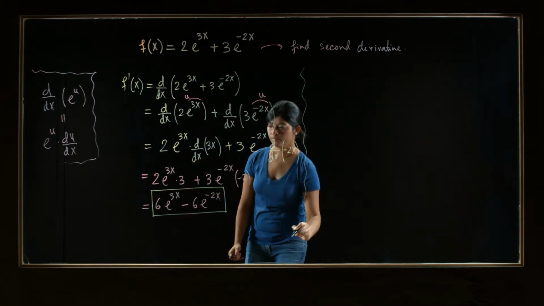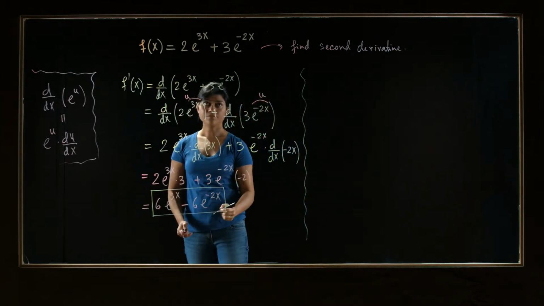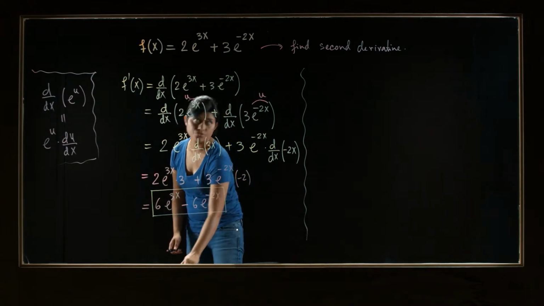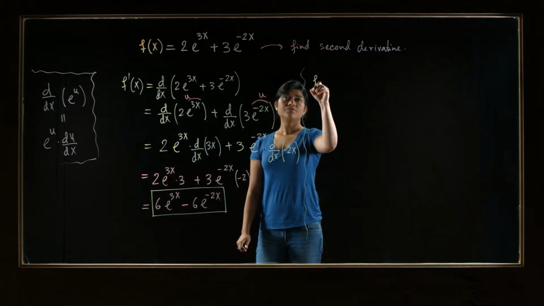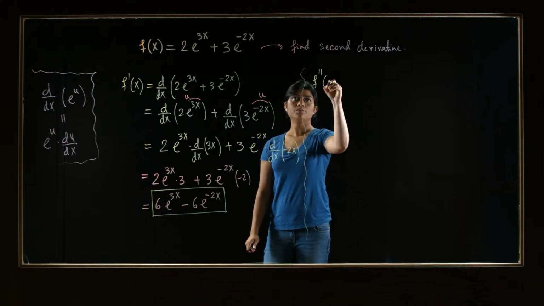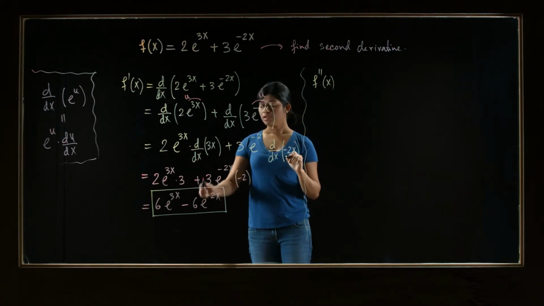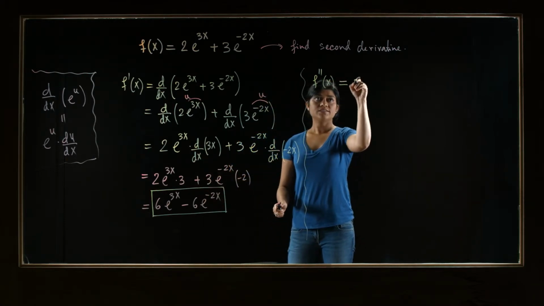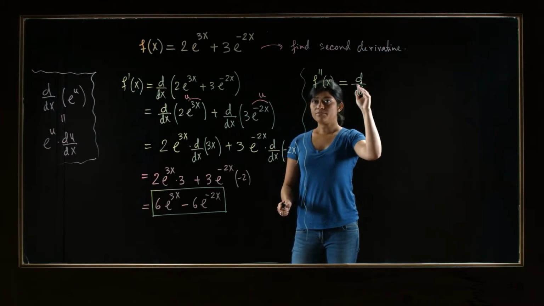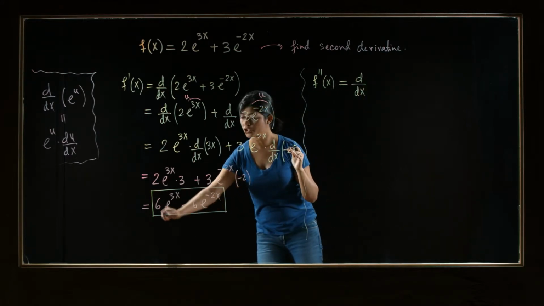All right. Now, let us move on and figure out the second derivative. The second derivative is represented as f double prime x. And the definition is, this is the derivative, or d dx, of the first derivative.